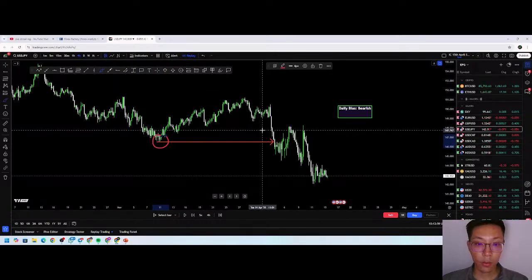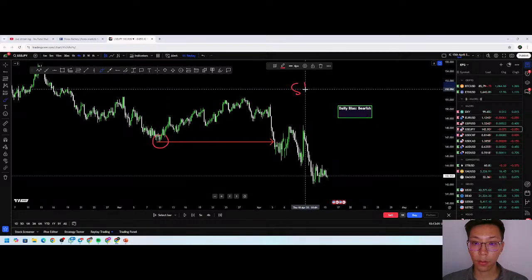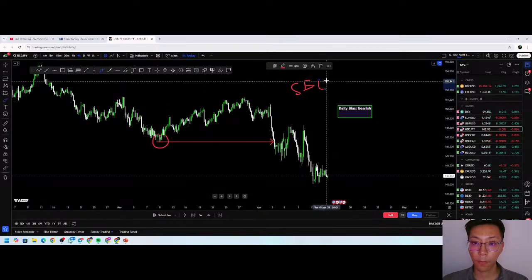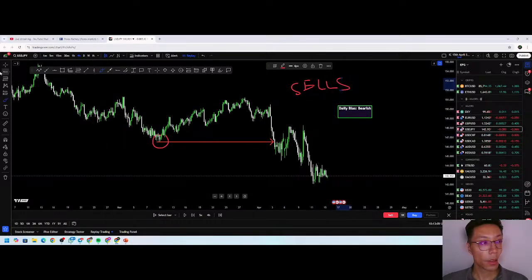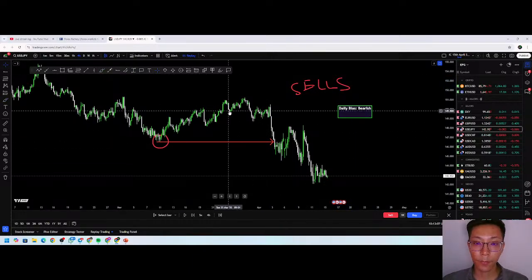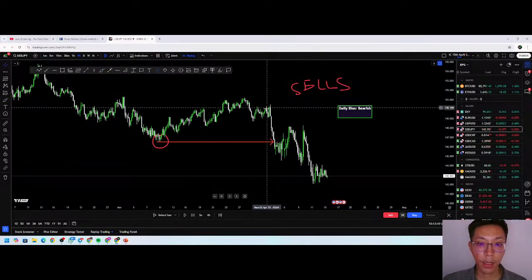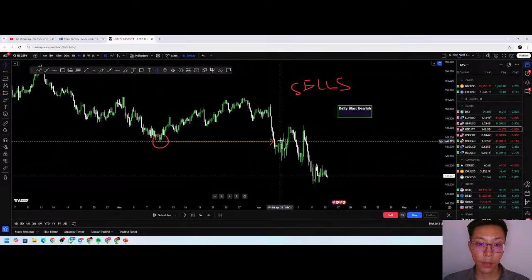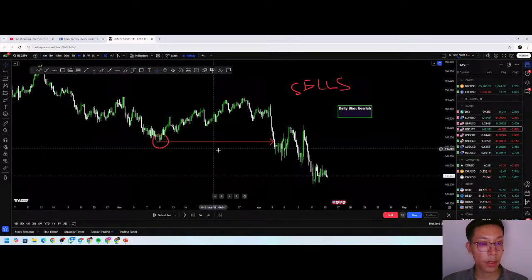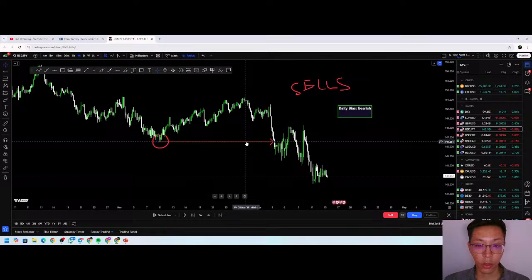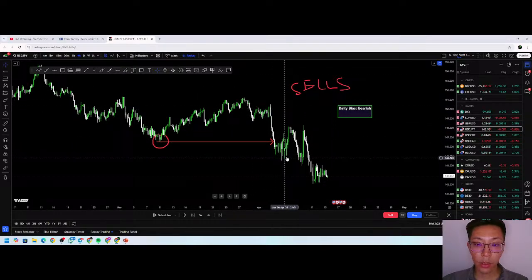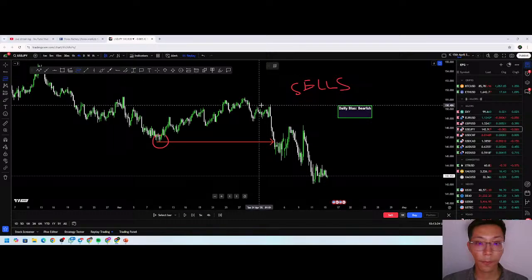Alright, so we are looking for sells. Okay, when we are looking for sells, this is the last high. Alright, once price broke this low, once price broke past this is our break of structure. Alright, so we are looking from this high to this low to mark out our FIBO level.